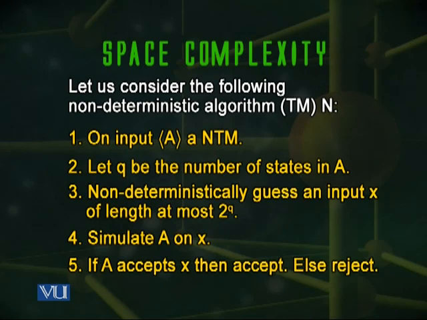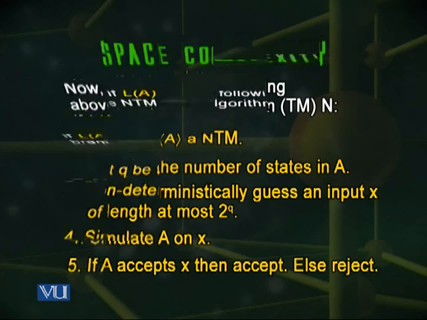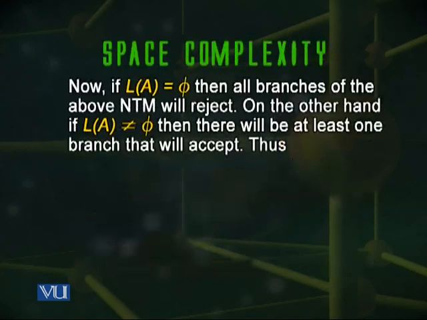So this is a non-deterministic Turing machine, and what it does is try to guess the input that would be accepted by the non-deterministic finite automaton A. Now, if the language of A is empty, then all branches of the above machine will reject. On the other hand, if the language of A is not empty, then there will be at least one branch that will accept.